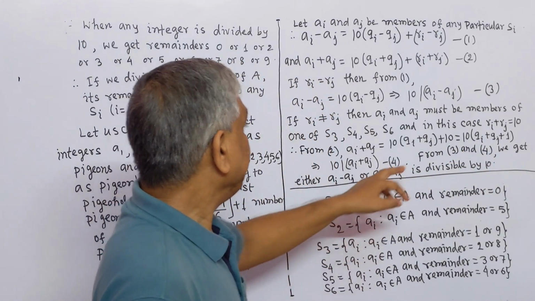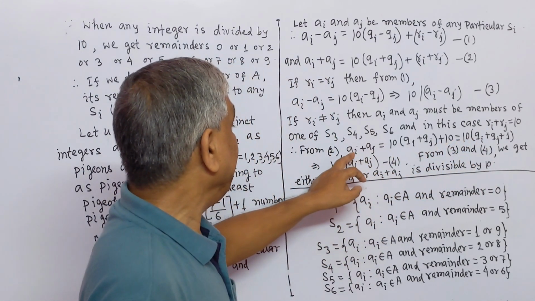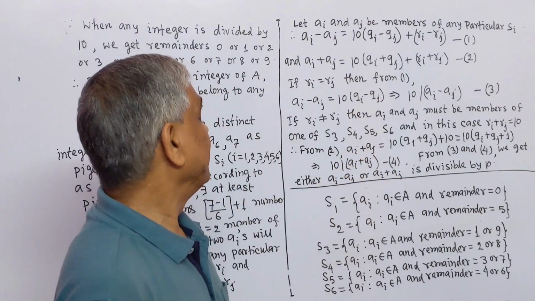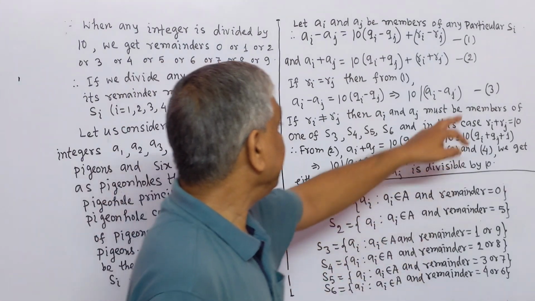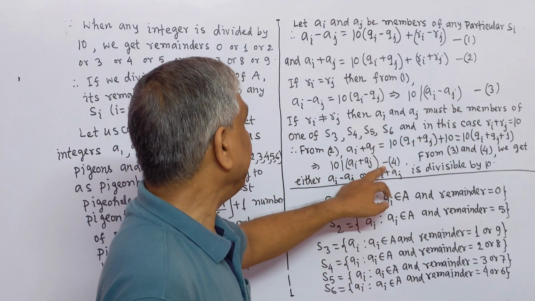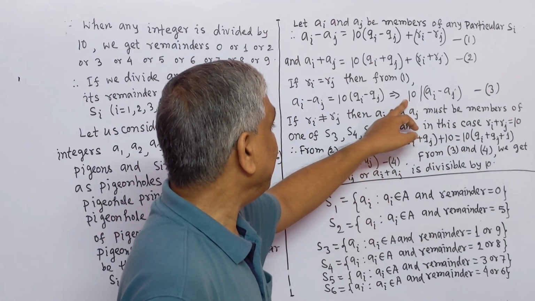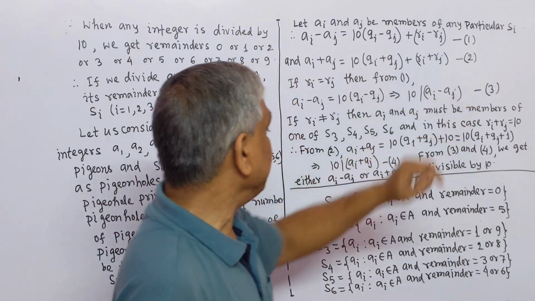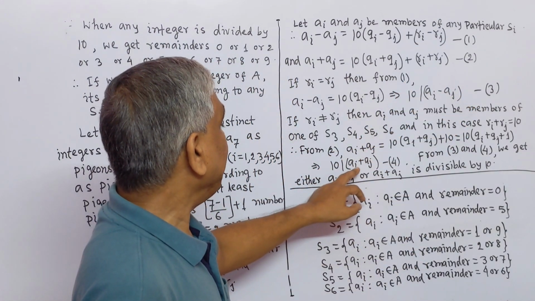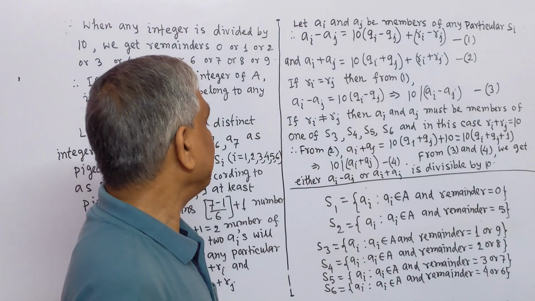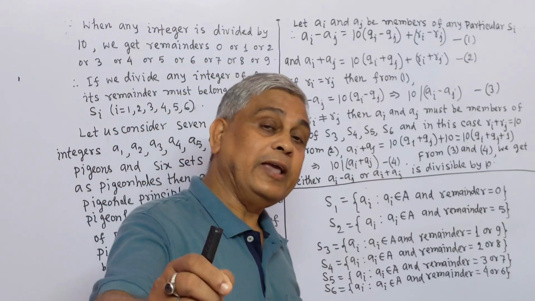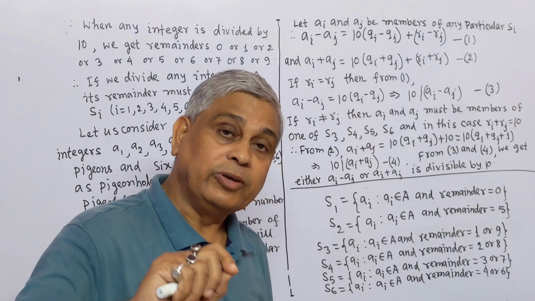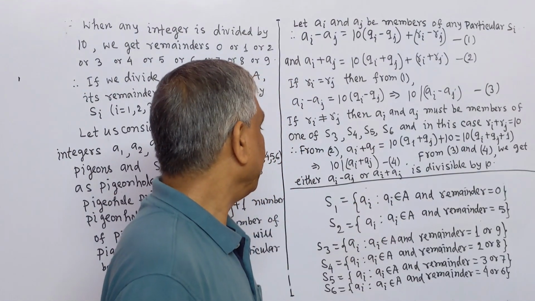Therefore 10 divides ai plus aj. This is number 4. Therefore from 3 and 4 we see that 10 divides either ai minus aj or ai plus aj. That is, ai minus aj or ai plus aj is divisible by 10.